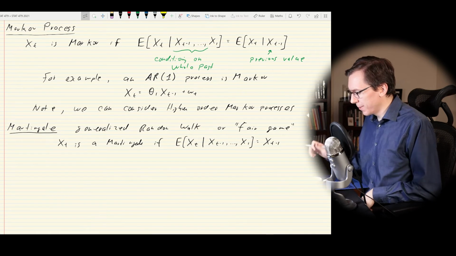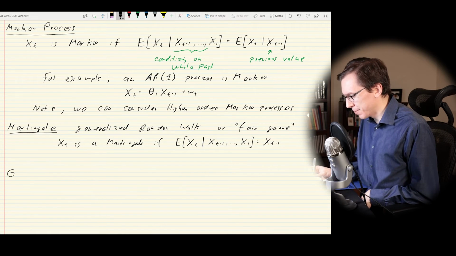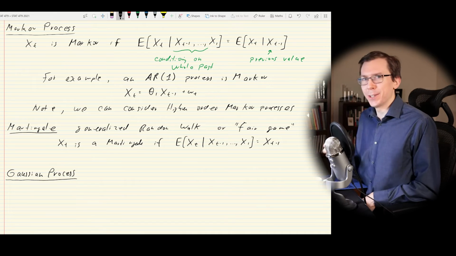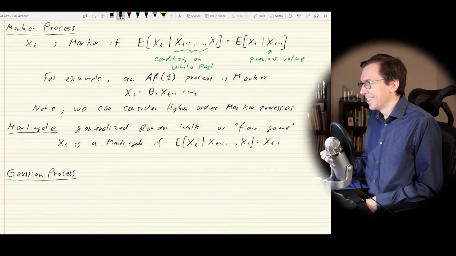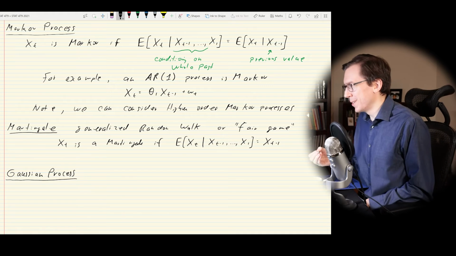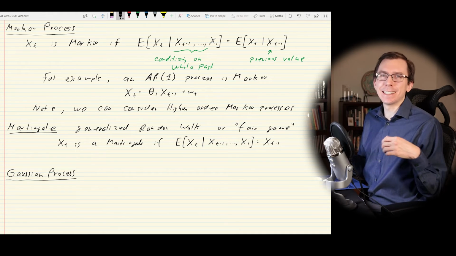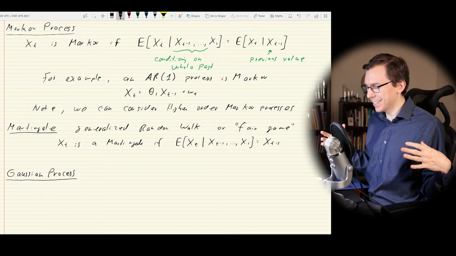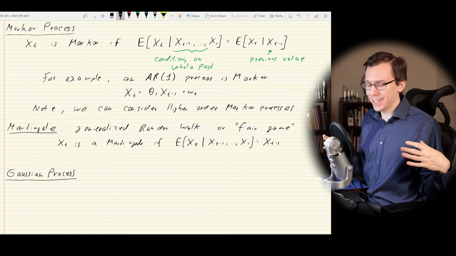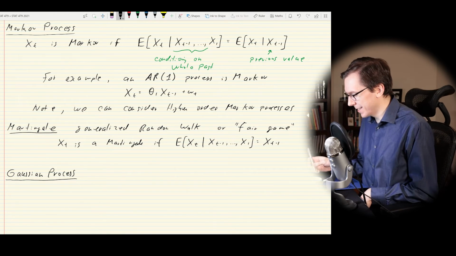And now what I want to also mention is the idea of a Gaussian process. So we know what the normal distribution is. We know what the multivariate normal distribution is. The Gaussian process is in some sense a generalization of the multivariate normal or the multivariate Gaussian.